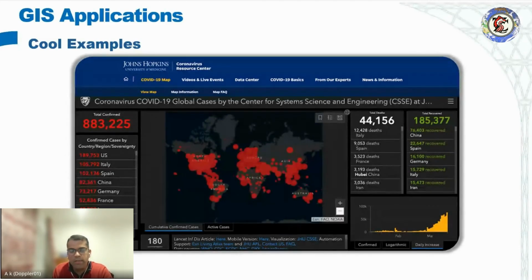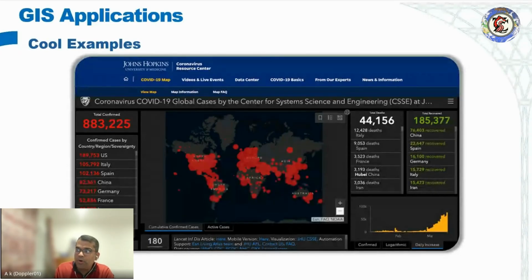Those are very good for numbers and reports, but if you want to convey the results, they are not impactful. So they converted that into location information and displayed it this way. This is one of the best examples of GIS in public health.